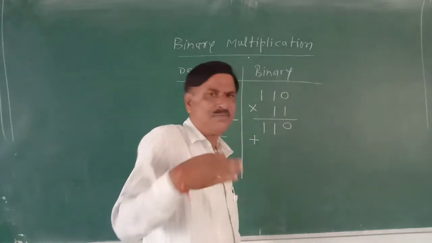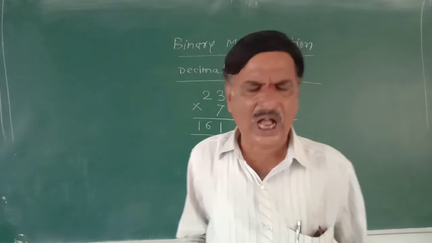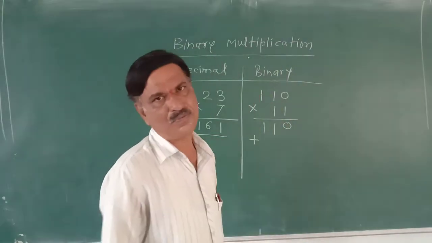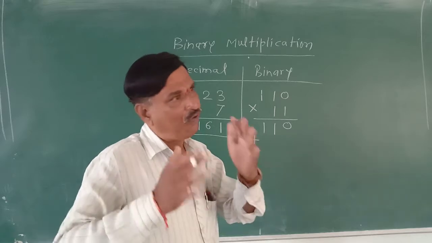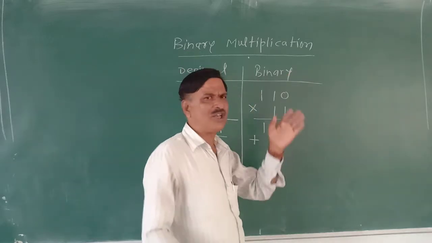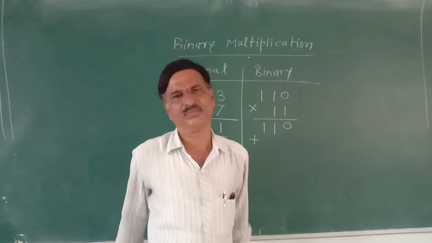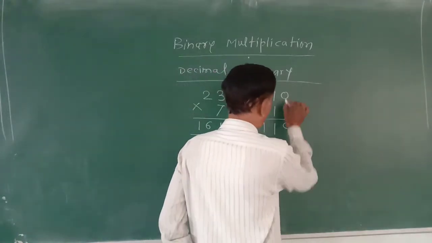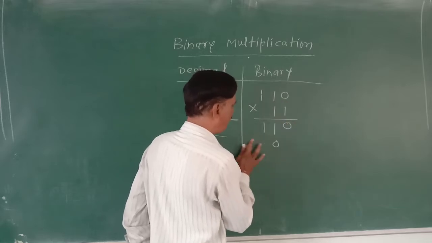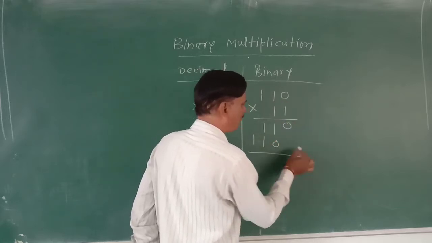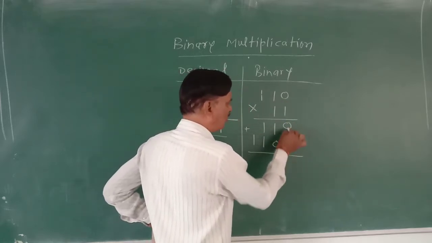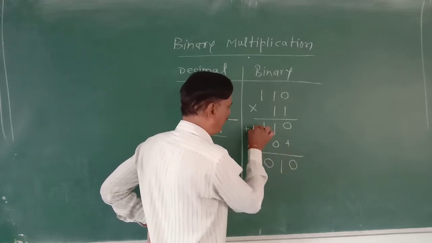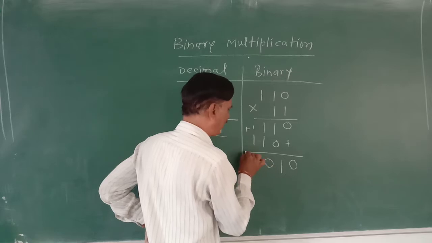It means that if we perform binary multiplication the same way as the traditional decimal method, there is no problem. Again, 1 multiplied by 0 is 0. Then 1 1: 0 as it is, 1 as it is, 1 1 0 carry 1, 1 1 0 carry 1.